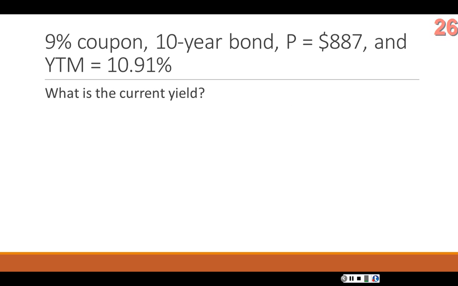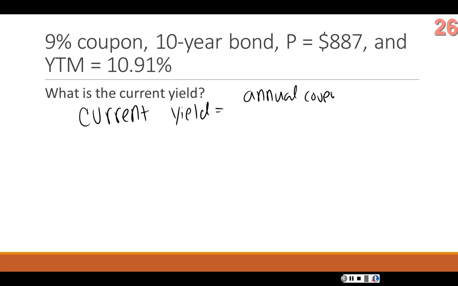So we can calculate the current yield for a 10-year, 9% coupon bond, where today's price is $887 and the yield to maturity is 10.91%. The current yield is equal to the annual coupon payment divided by the current price.